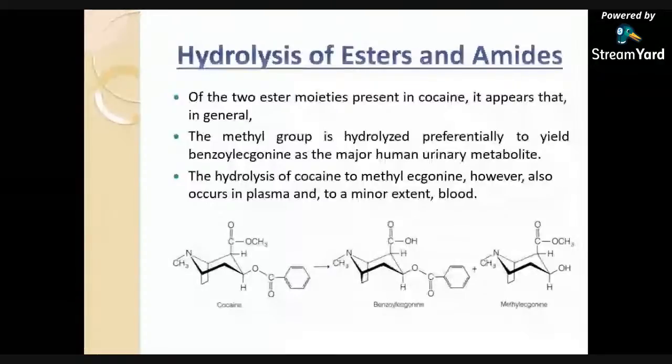The hydrolysis of cocaine to methylecgonine, however, also occurs in plasma and, to a minor extent, in the blood. So you can see here the example of cocaine, which on further hydrolysis gives benzoylecgonine and methylecgonine.